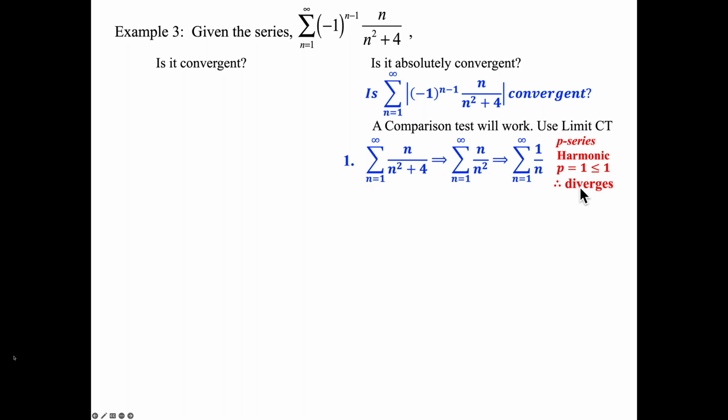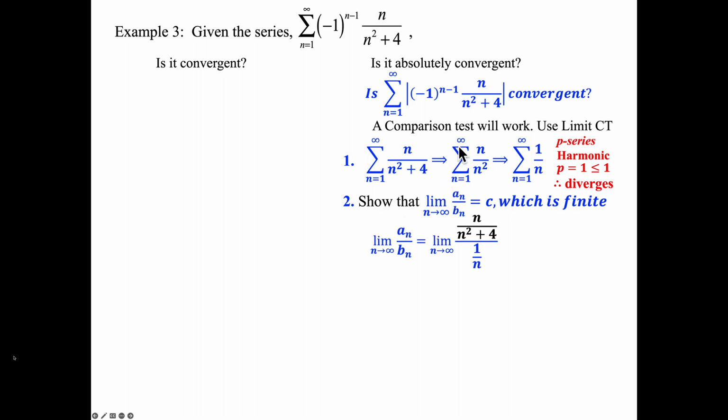Now, to prove that that diverges, we still got to take the limit of the original a sub n over our new comparison function b sub n, and does it equal a constant c, which is finite. So my a sub n is the n over n squared plus 4 divided by 1 over n. But again, we don't divide these fractions when we take its limit.